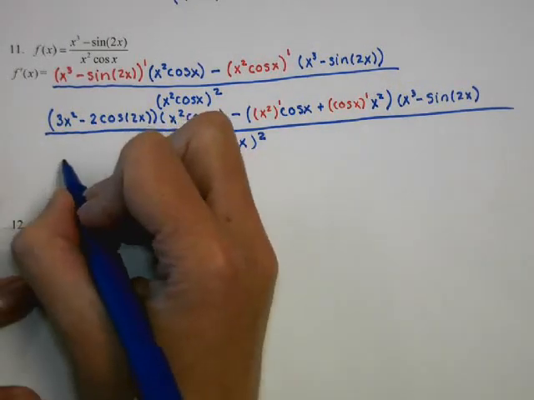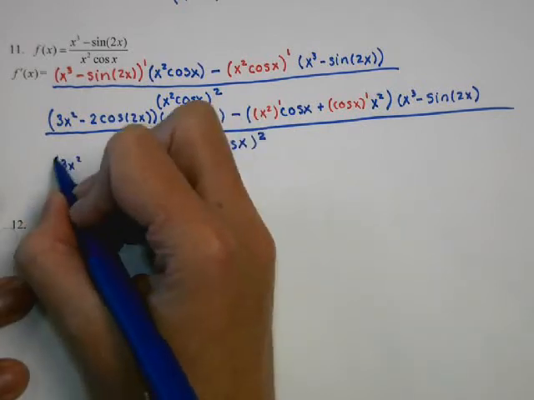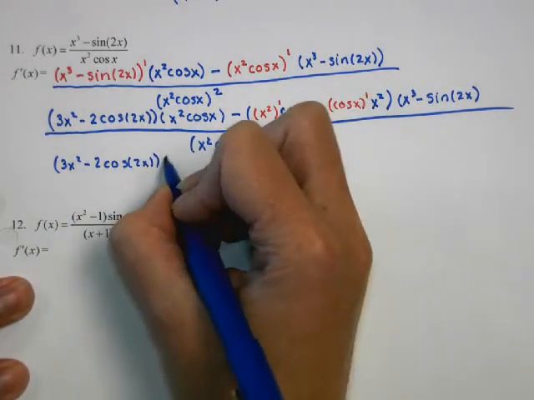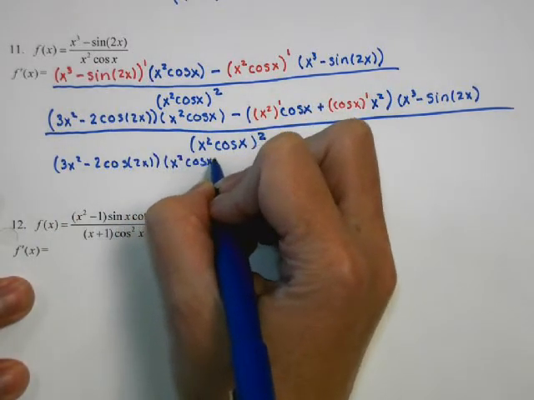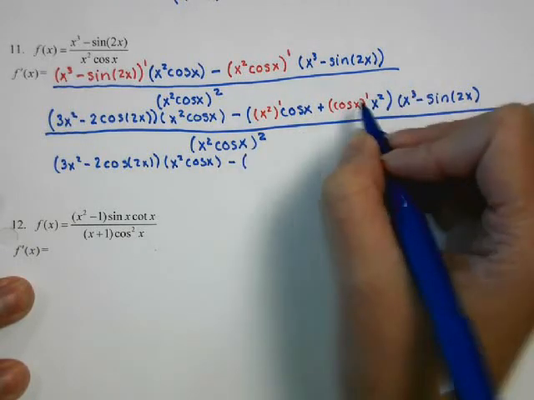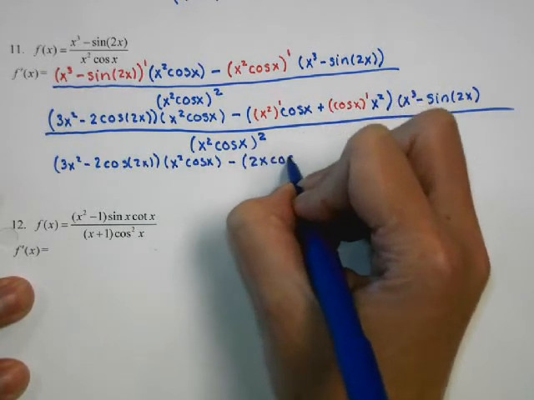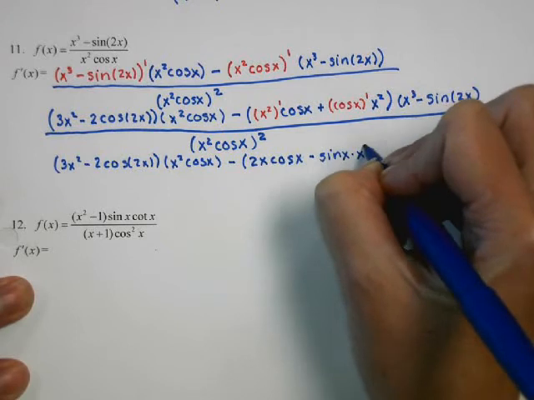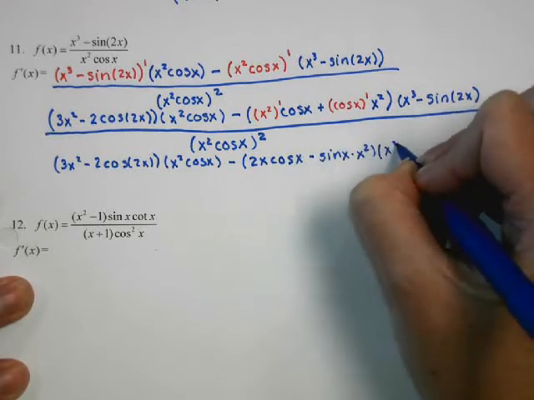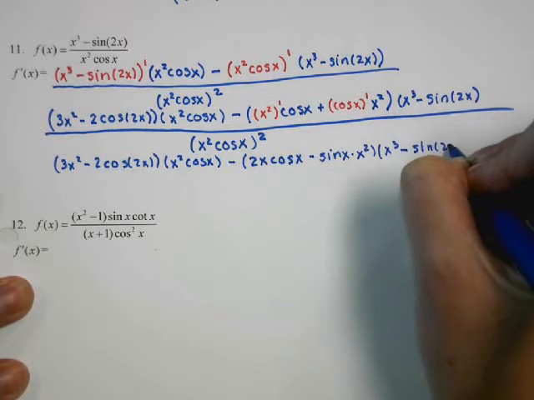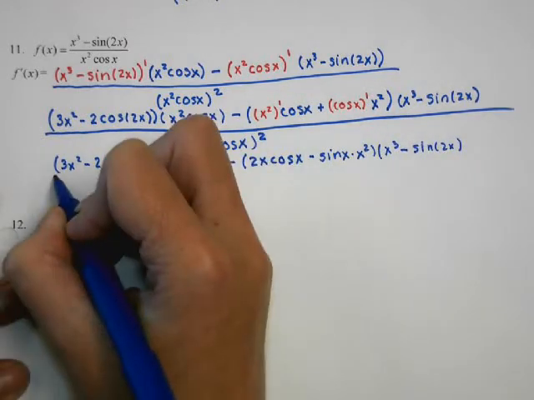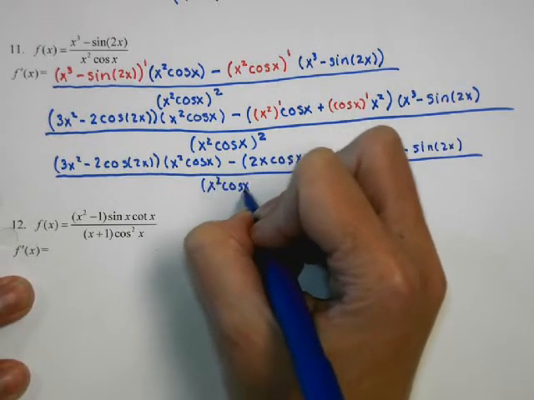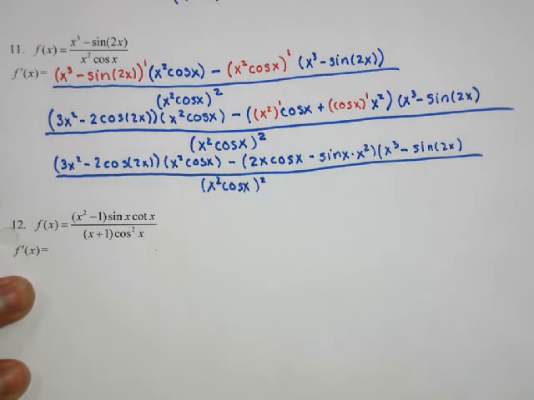I'll squeeze it in. (3x squared minus 2 cosine 2x) times x squared cosine x minus, we take these two derivatives, (2x cosine x minus sine x times x squared) times (x cubed minus sine 2x), all over (x squared cosine x) squared.